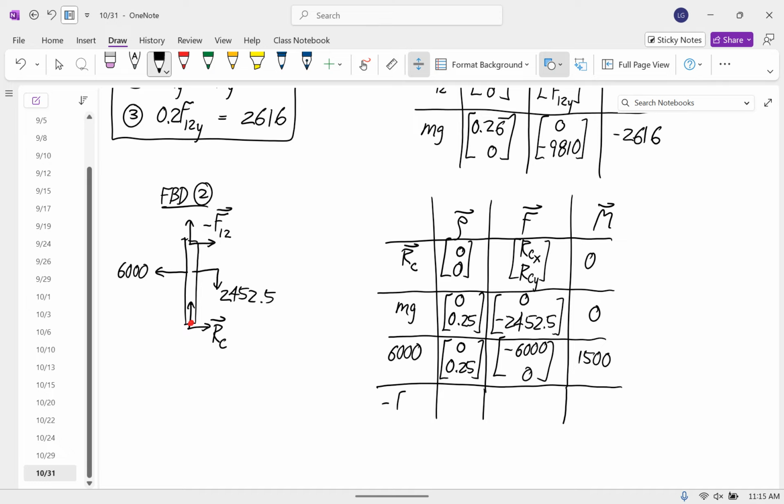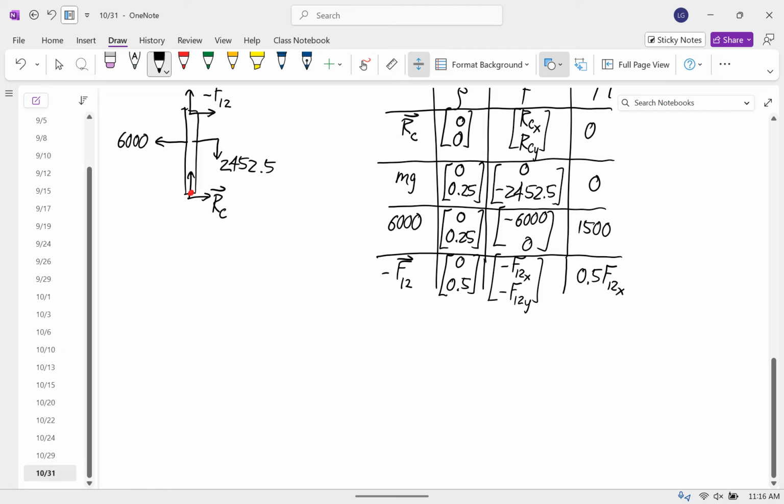And then last is the force, negative F12. That row vector is 0.5. The force is negative F12x, negative F12y. The cross product is positive 0.5 F12x. And so my equation 4 says RCX minus F12x is equal to positive 6,000.